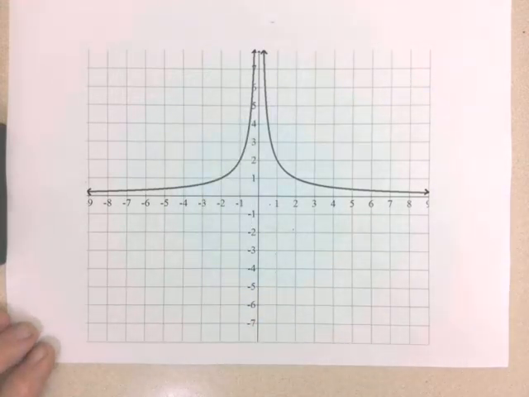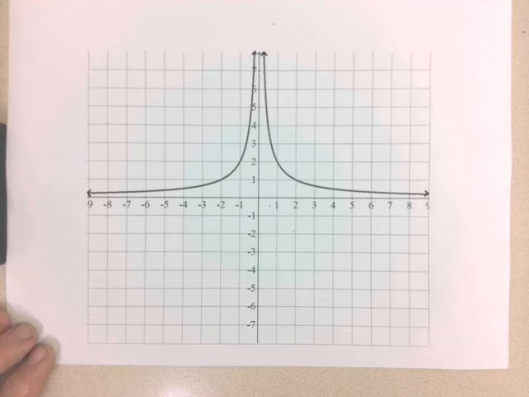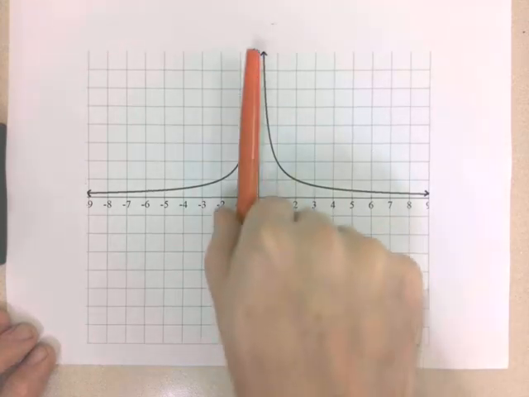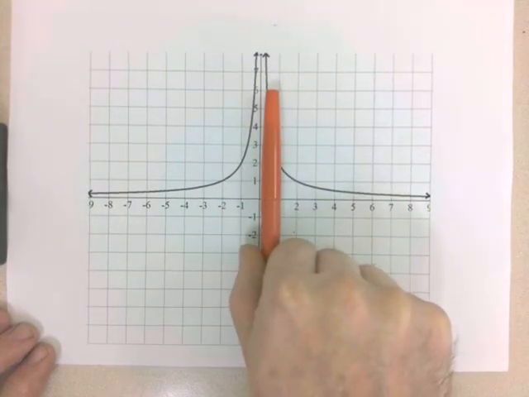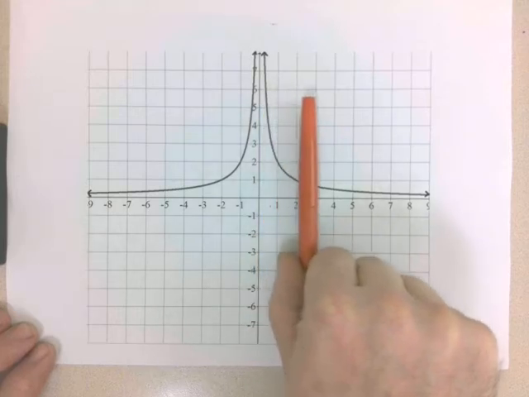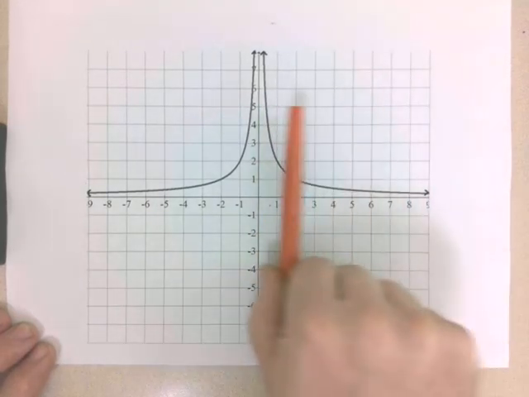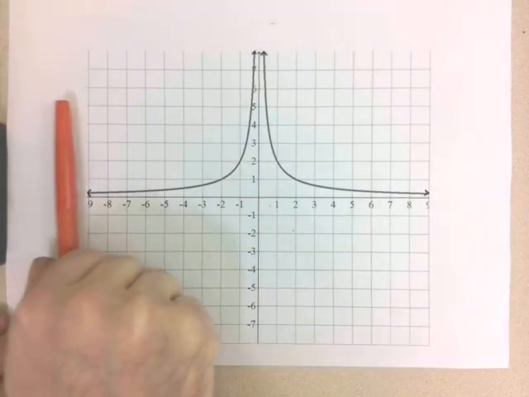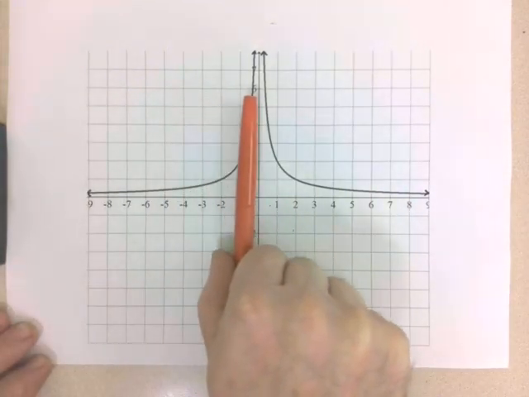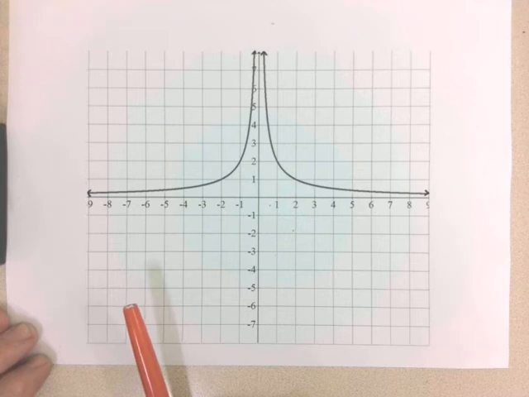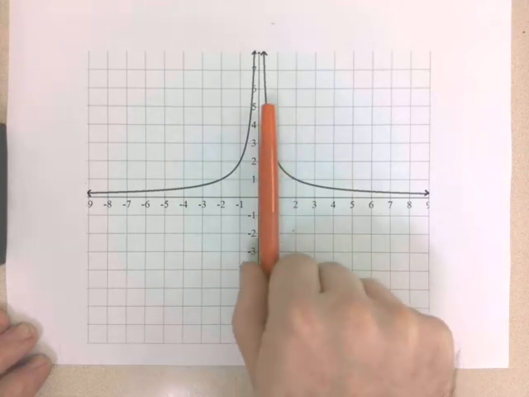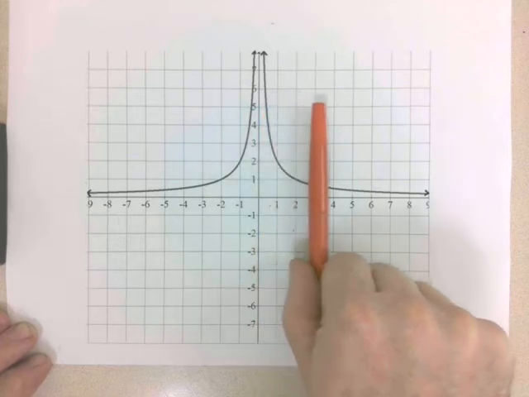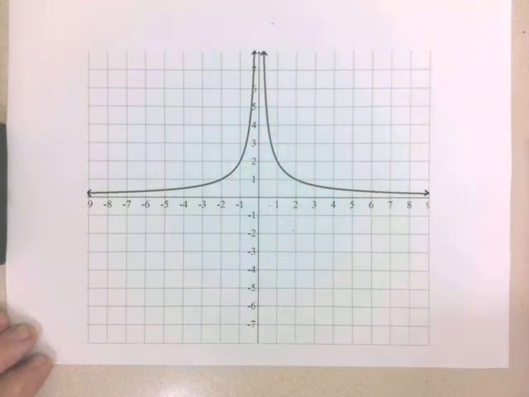The graph picks up again over on the other side of our y-axis, so it's starting with an x value very close to 0 again, but this time going forever to the right. So as you scan this from left to right, your domain is going from -infinity over to 0, but doesn't include 0. Then it picks up just after an x-coordinate of 0 and goes all the way over to the right.